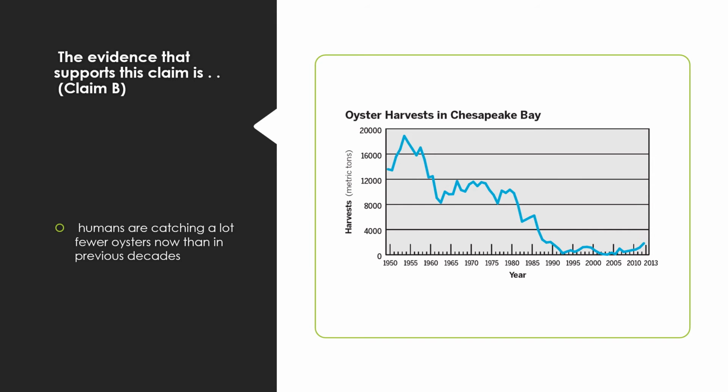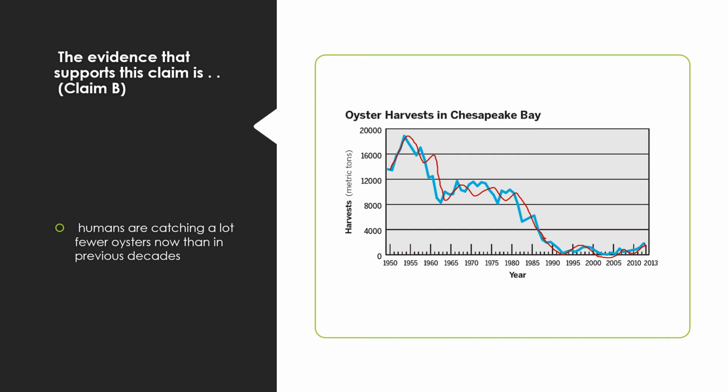The evidence that supports this claim B. So if we look at the oyster harvest in Chesapeake Bay, we see that the harvest is decreasing. Somebody may refer to this as we are not harvesting more oysters, even though human population is increasing.